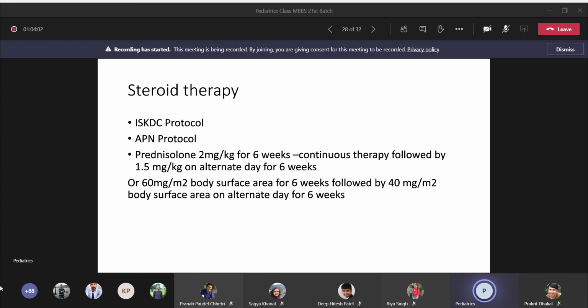And then you have to taper the corticosteroids. Why is tapering important? If you don't taper, and you give the steroid for a long time, the patient may develop so many problems like myopathy, then like cataract, like glaucoma. So you must taper the corticosteroids.